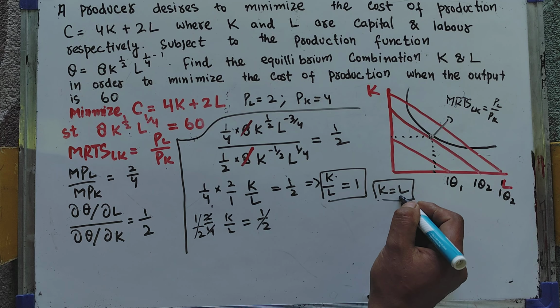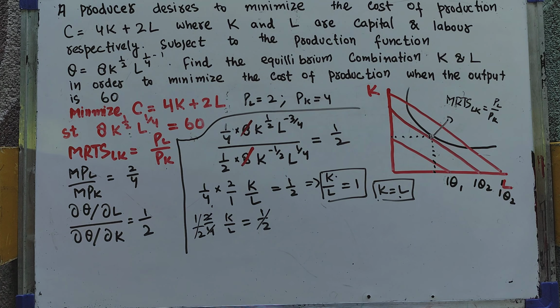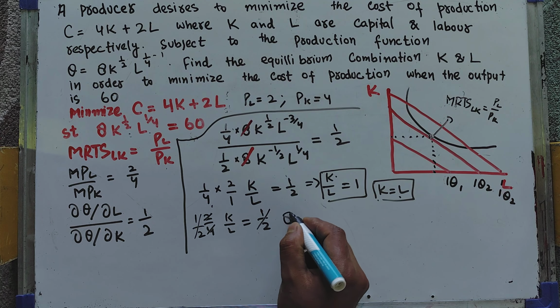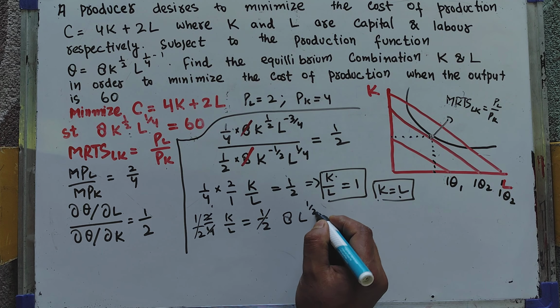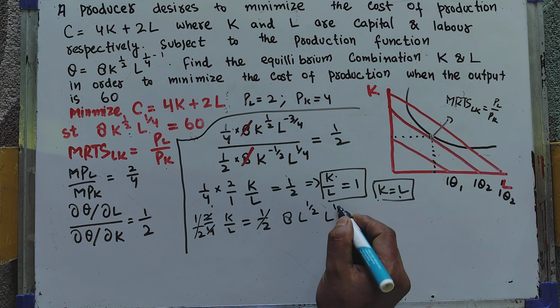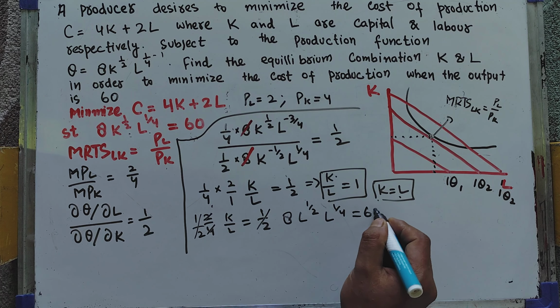Now plug K equal to L into the production constraint. So we have 8 times, in place of K we write L raised to the power 1 upon 2, and in place of L we have L raised to the power 1 upon 4, is equal to 60.